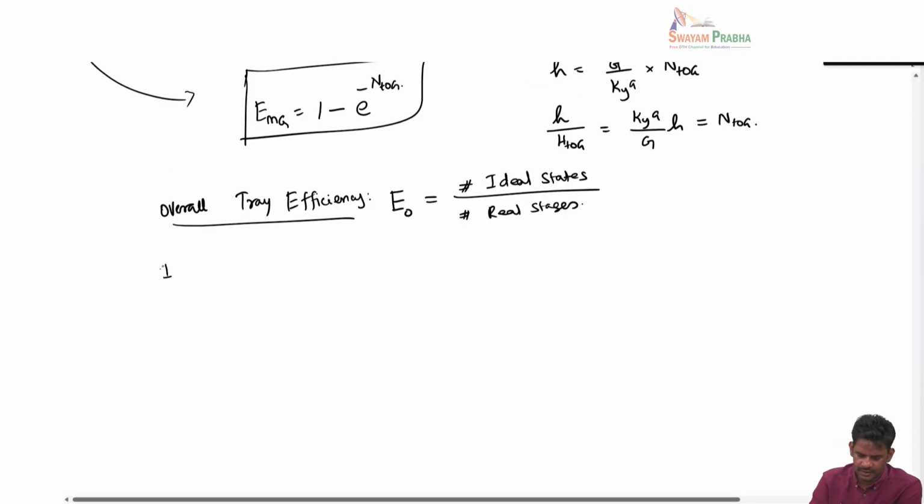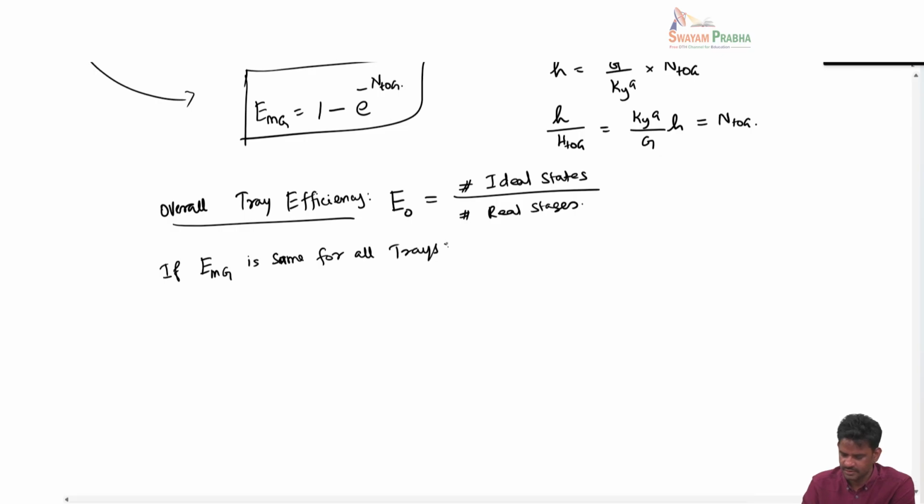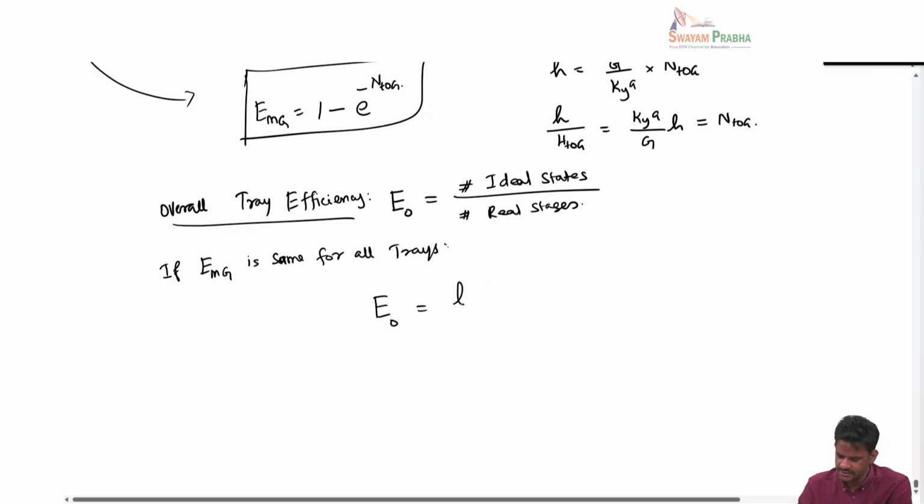So if the Murphy tray efficiency is the same for all trays, we can get an analytical expression for this overall efficiency. I will give the expression without deriving it.